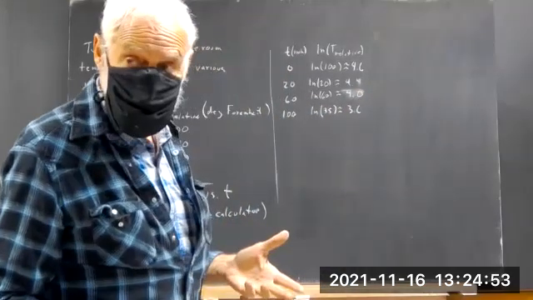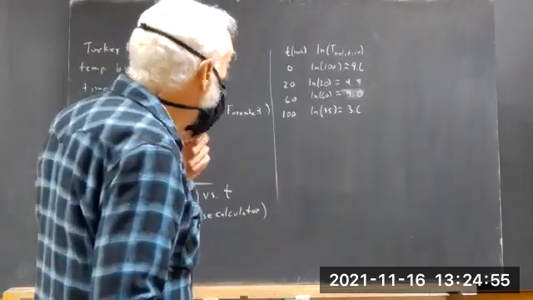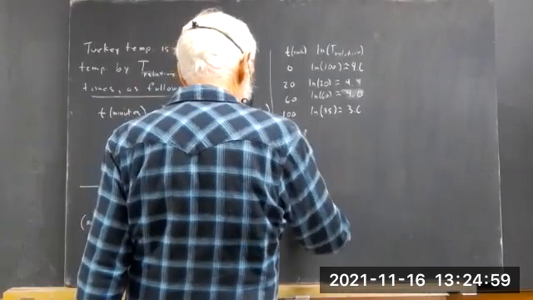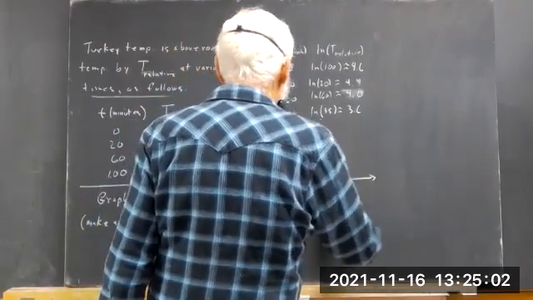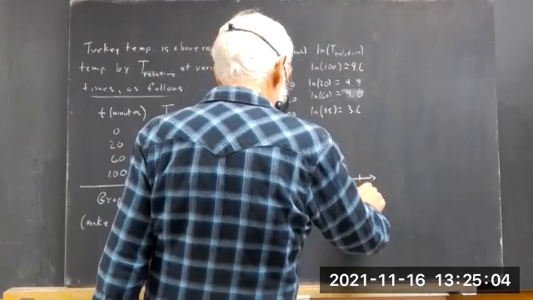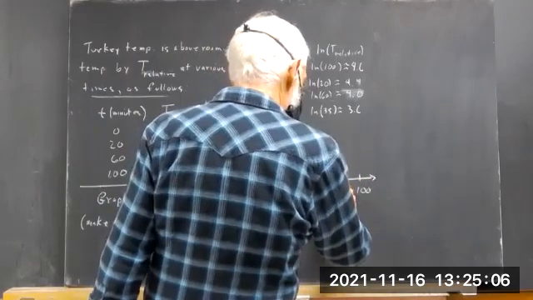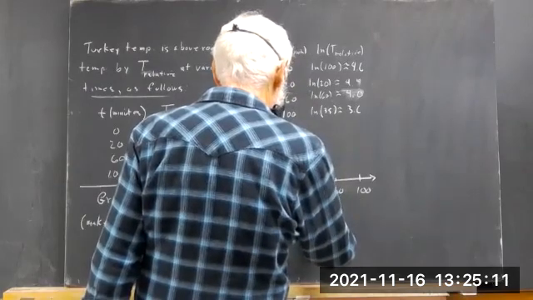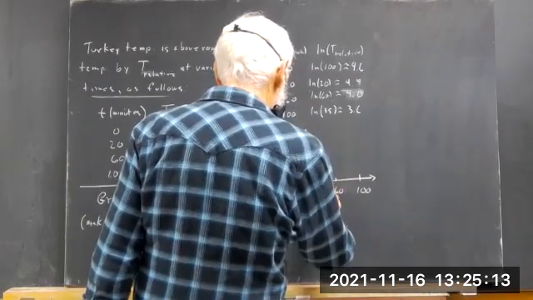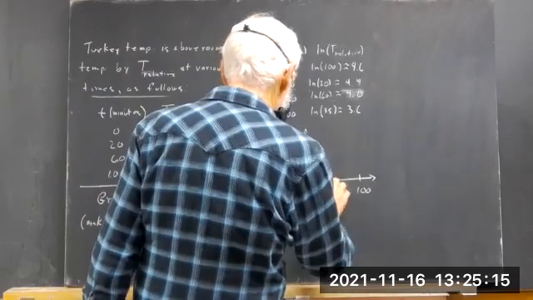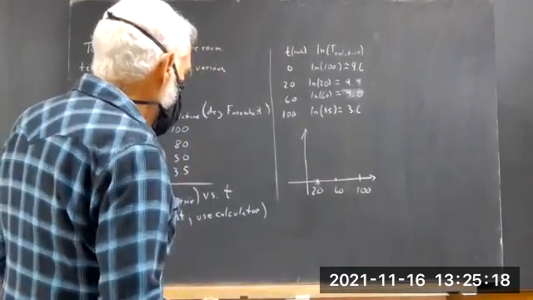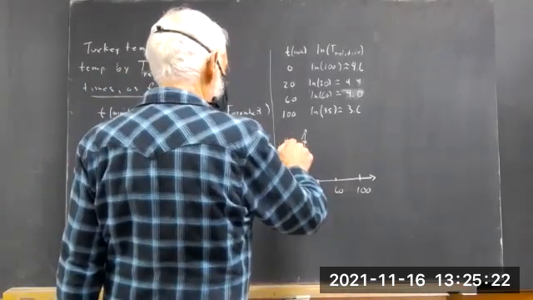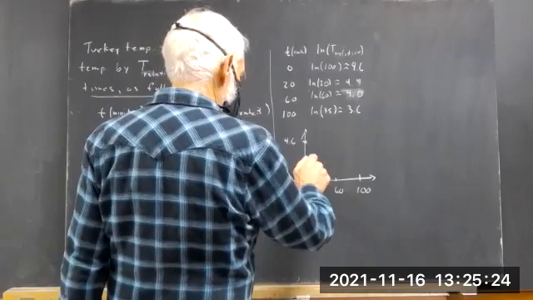Okay. Now, if I graph this information, I've got 100 here. So 60 will be about here, 20 will be about here, and maybe more like here. That's all I have the first time, but it's okay. Now I've got 4.6 here.